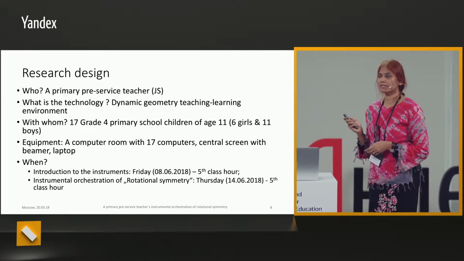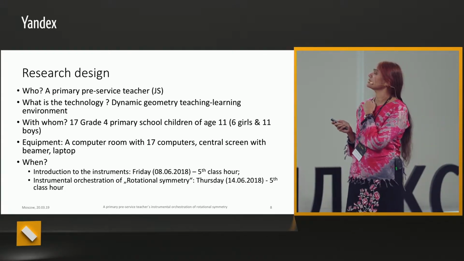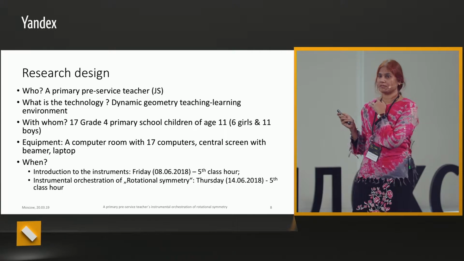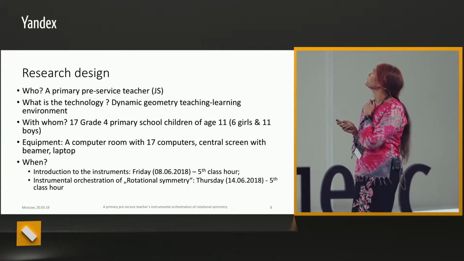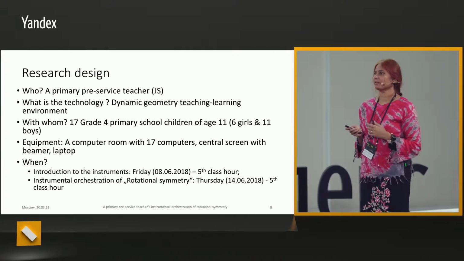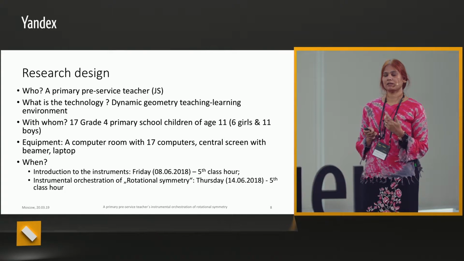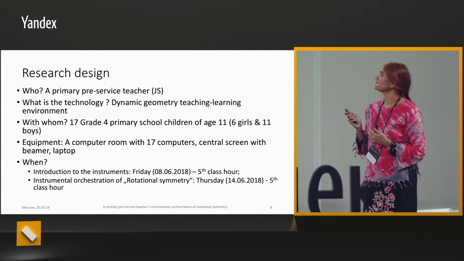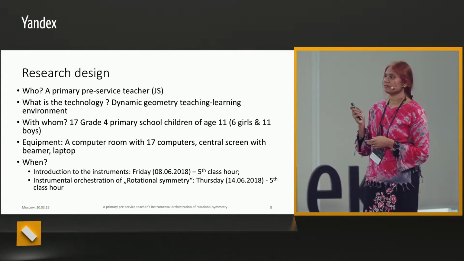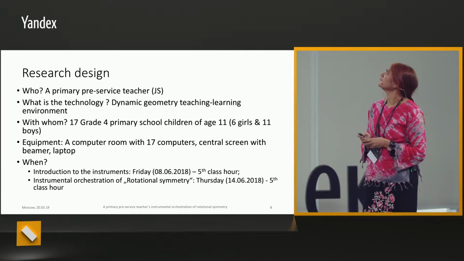And research design, as I said, this is a case study of a primary pre-service teacher, JS. The technology is dynamic geometry, and I'm using GeoGebra. In the learning lab we also use other dynamic geometry software, but this pre-service teacher has chosen to use GeoGebra.